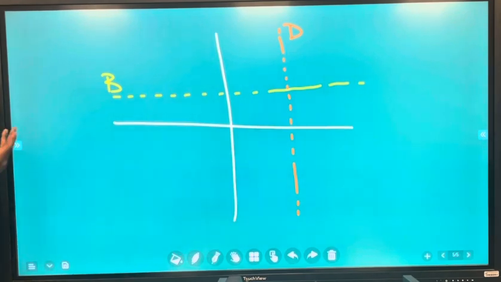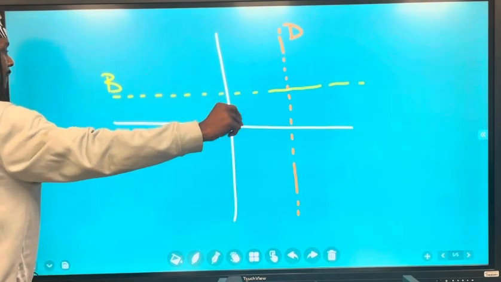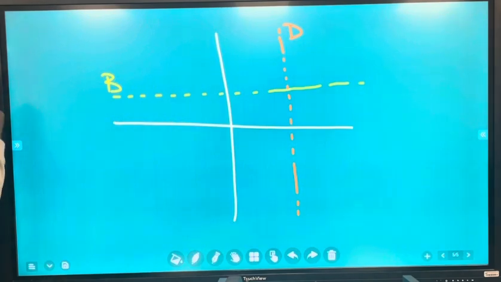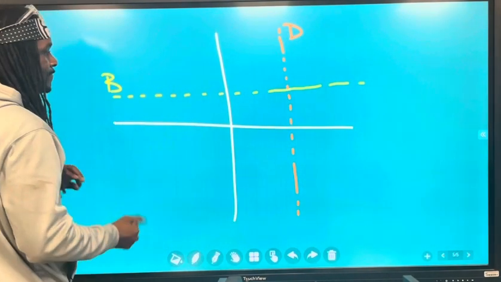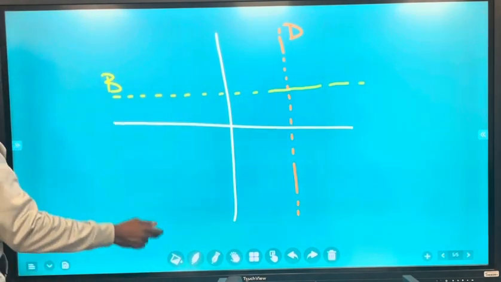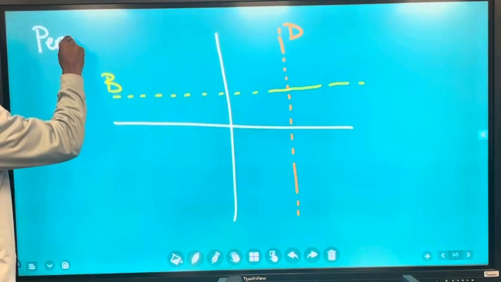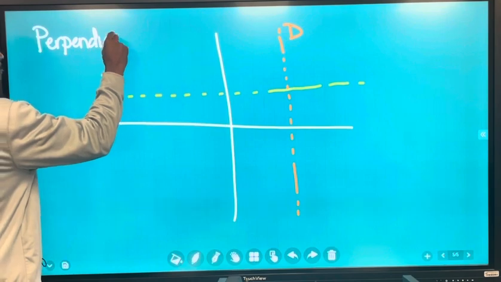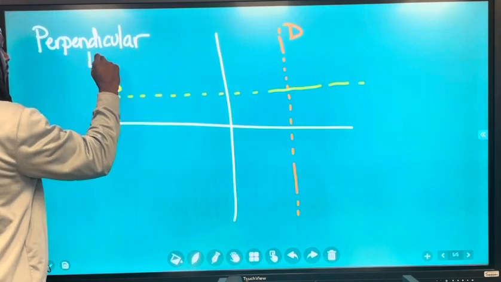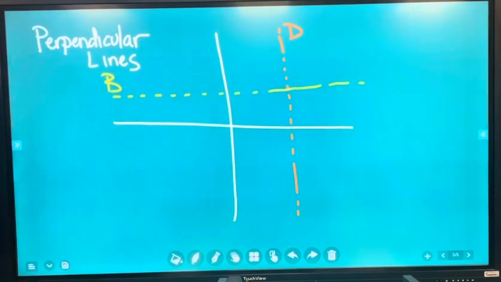Now, it's the same thing with the slope-intercept form. I'm going to write this one out. The slopes for perpendicular lines, pardon if I misspell it, all it is, the slope is the negative reciprocal.